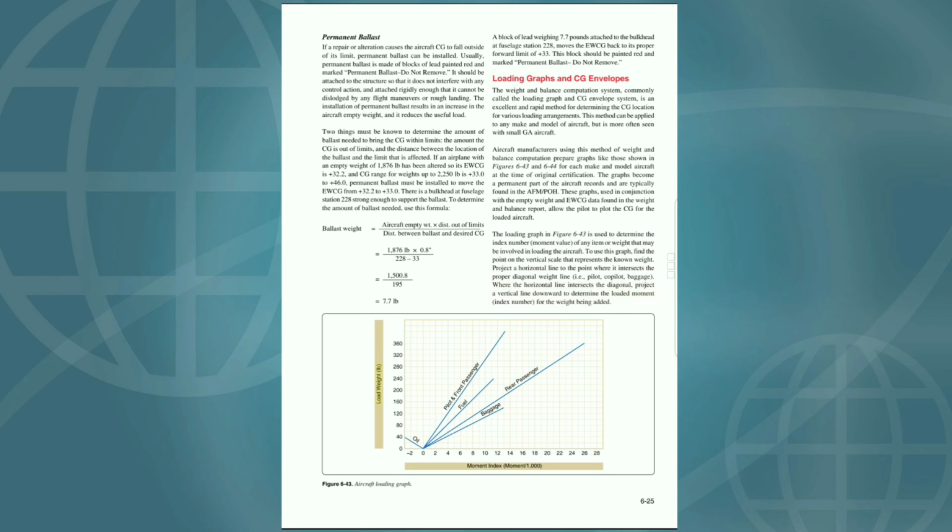the weight being added. Load weight, pounds, 360, 320, 280, 240, 200, 160, 120, 80, 40, 0, pilot and front passenger, rear passenger, fuel, baggage, oil, -2, 0, 2, 4, 6, 8, 10, 12, 14, 16, 18, 20, 22, 24, 26, 28. Moment index, moment/1000, figure 6-43. Aircraft loading graph. 6-25.